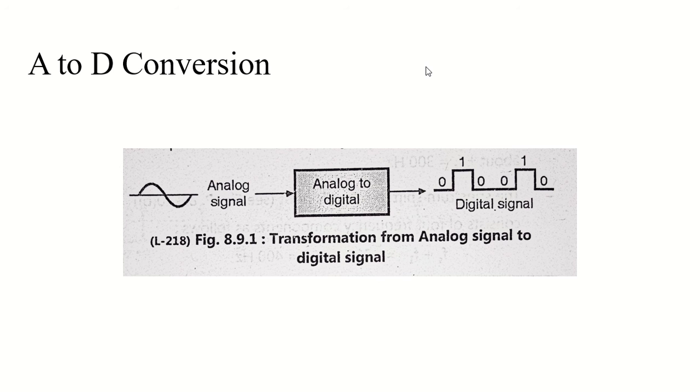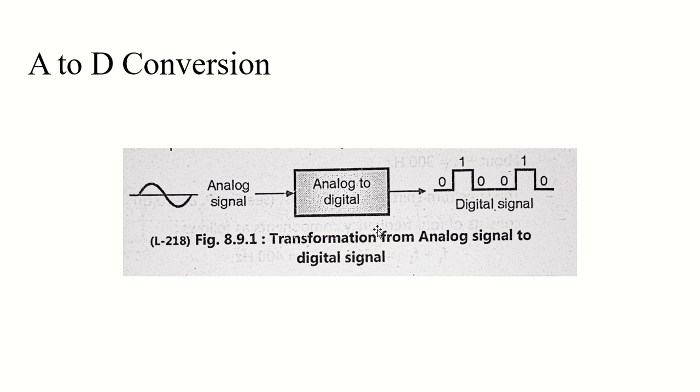In this conversion process, the input analog data is converted into an equivalent digital signal, right? As you can see, my analog signal is getting converted into a digital signal using an A to D converter, right?